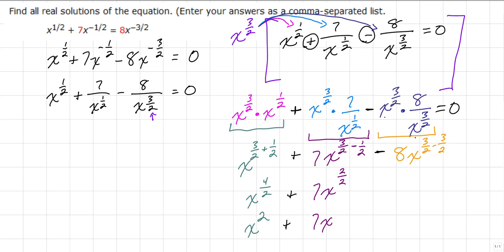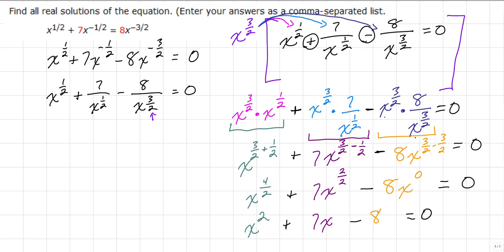And this is simply going to be minus 8x to the 0 power, because 3/2 minus 3/2 is going to give me x to the 0 power. So this is 8 times x to the 0 power, but we know that x to the 0 power is 1. So 1 times 8, and I simply end up with minus 8. Don't forget that the whole time this has been equal to 0.